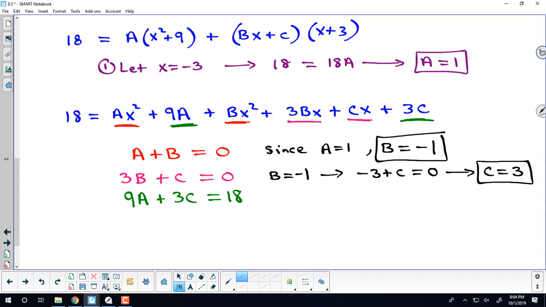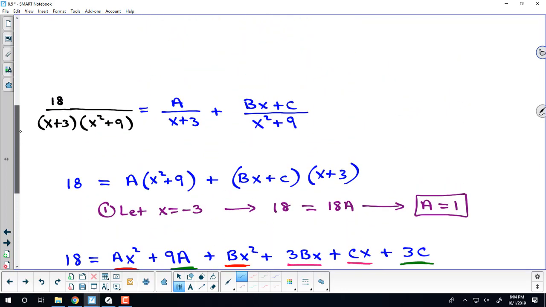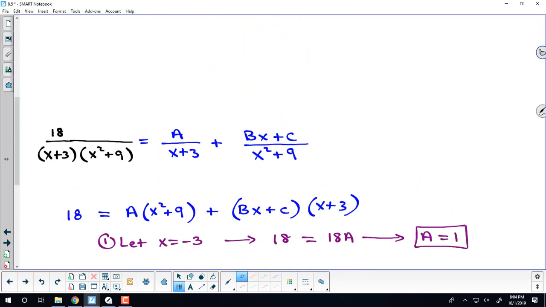1, -1, and 3. Okay, does anyone have any questions on that? So we're going to put those back in place up here. A is 1. B is -1. And C is 3.